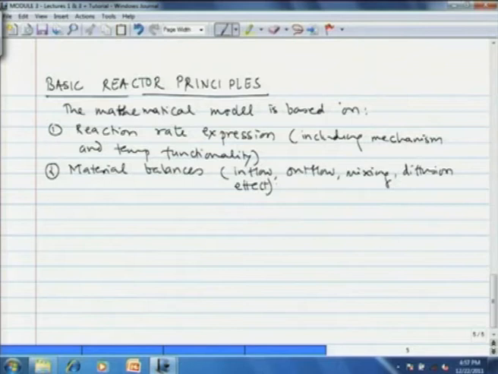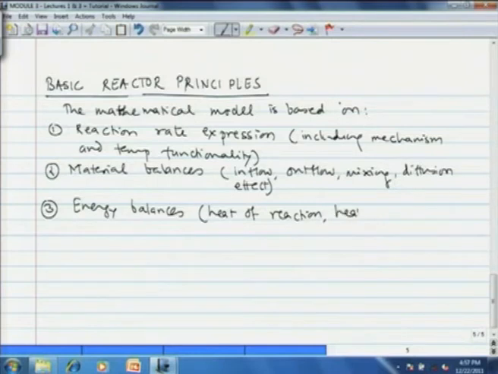Then the energy balance, that should include the heat of reaction, then the heat transfer, then the latent and sensible heats of component, okay.